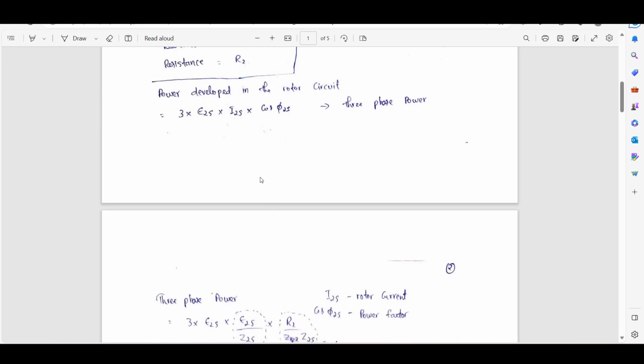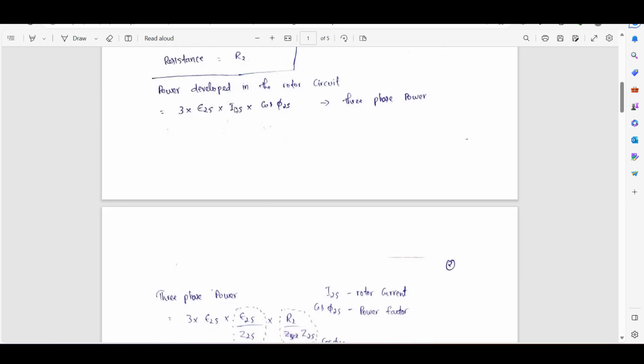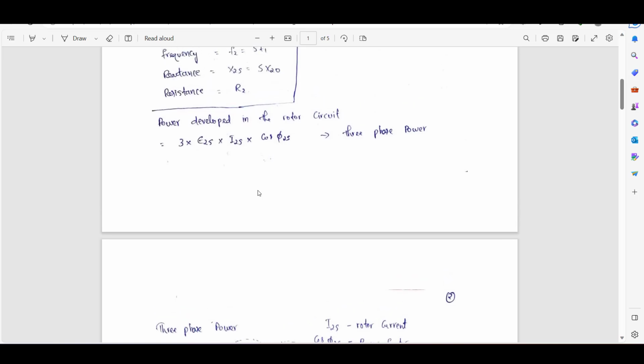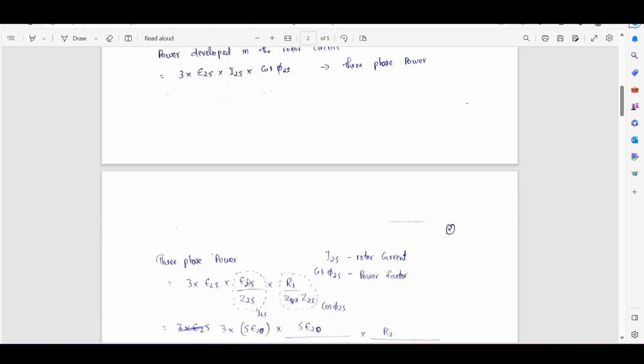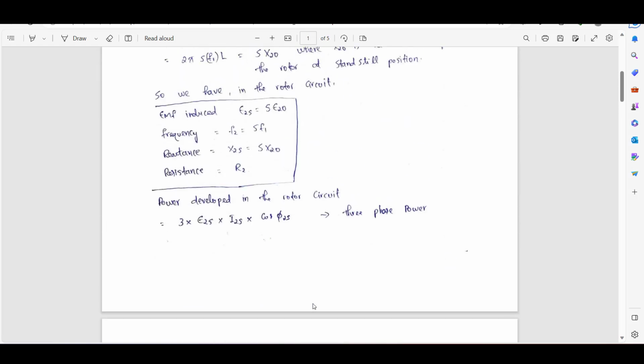Now I2(s) is the EMF voltage induced, E2(s), divided by the total impedance of the circuit, Z2(s), and the power factor is resistance divided by total impedance, that is R2 by Z2(s).